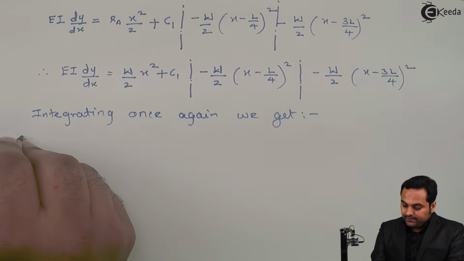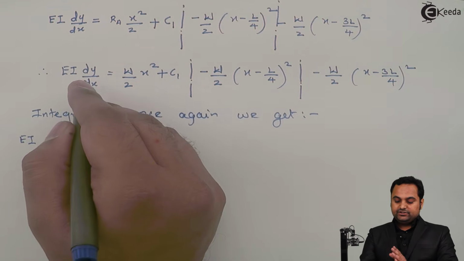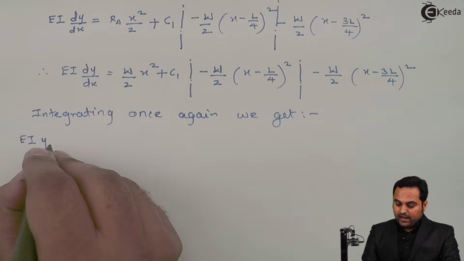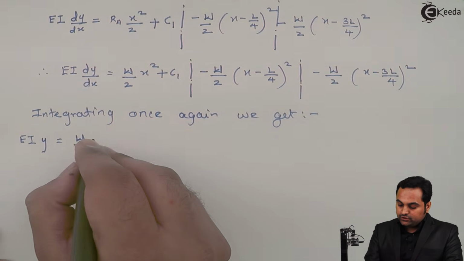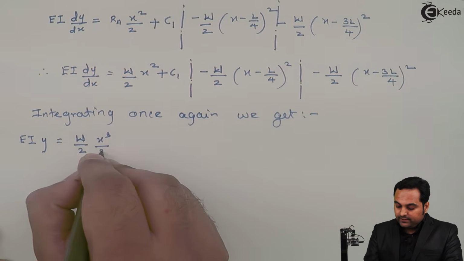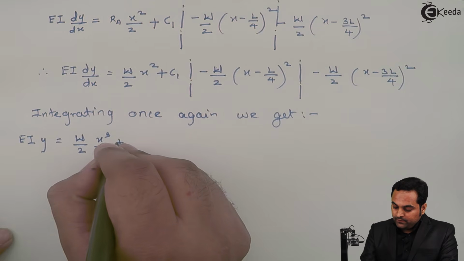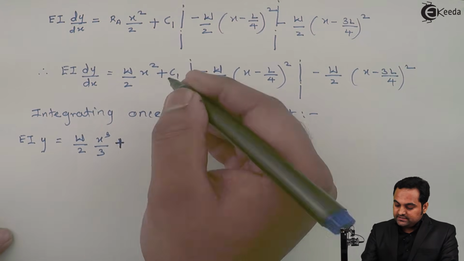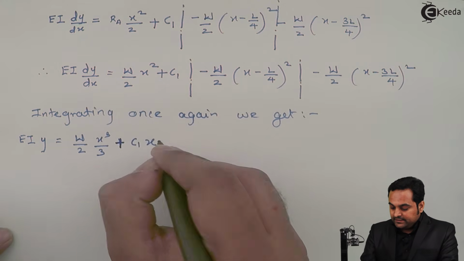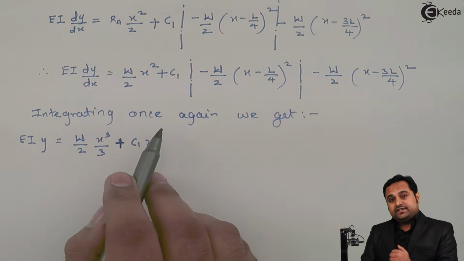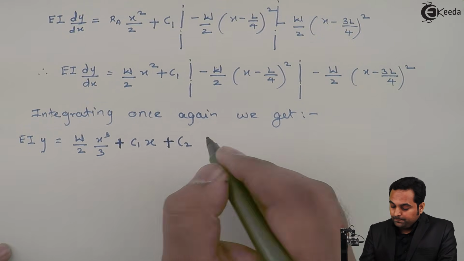EI, instead of dy by dx, the integration of dy by dx will be y, is equal to W by 2, I will keep it as it is, x square will become x cube by 3, plus C1, so integration of C1 with respect to dx will be C1 into x. Then I am integrating for the second time, so I'll have another constant called C2.